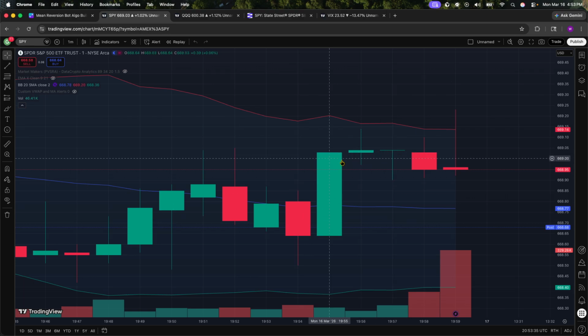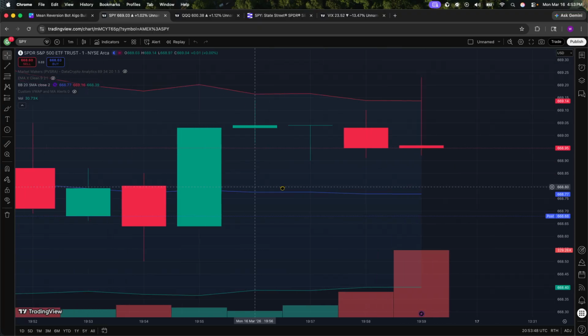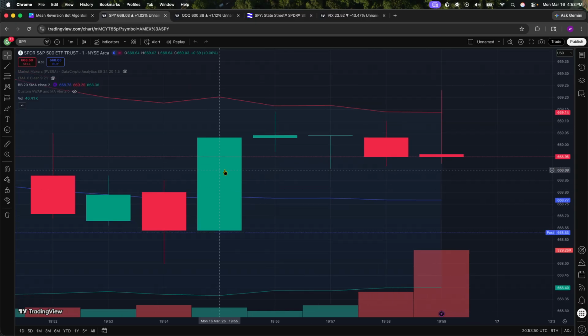But the only thing I'm kind of scared about is that you see a big body, then it completely rejected these next 2 levels. So even though yes, the bulls did win, these rejections are just kind of scaring me because it's not showing that much conviction, whereas this big body right here is showing conviction. But it's kind of a contrast, because some people are going to think there's conviction, so there's got to be volume behind it. But look at that, volume is barely there, fam.